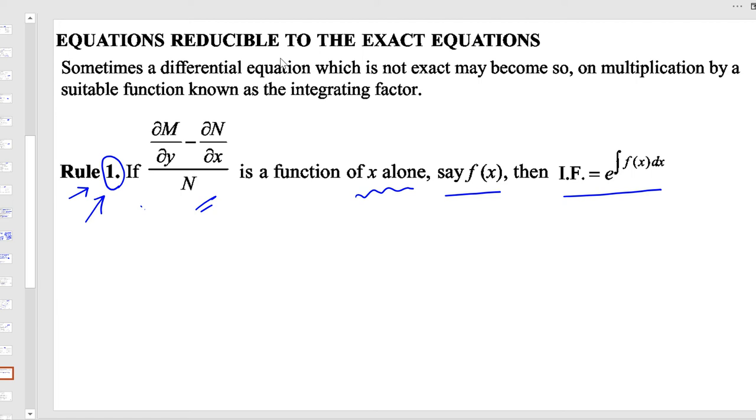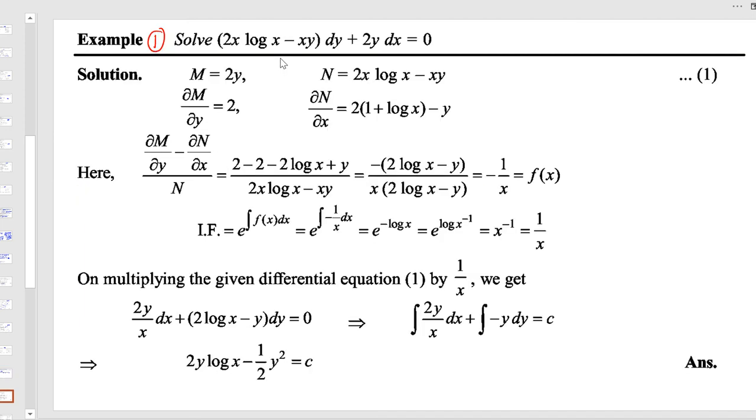Unfortunately, there is no specific way to determine that rule 1 is applicable for this type of problem. Given the problem, you just need to verify this quantity. If this quantity is totally a function of x, then you can apply this one. All this idea you will get through exercise and practice.